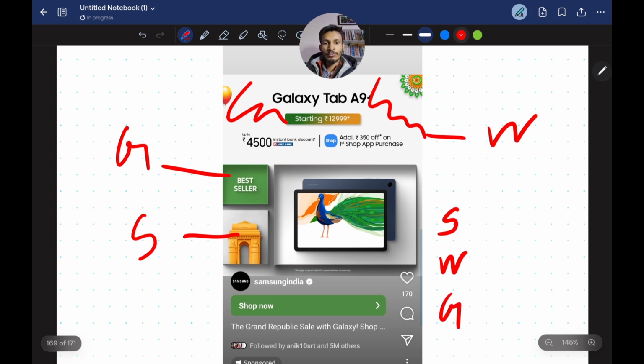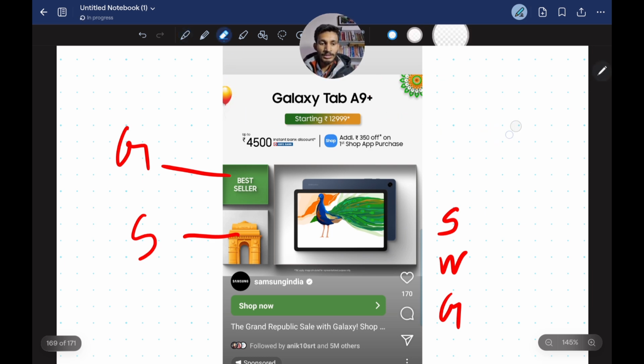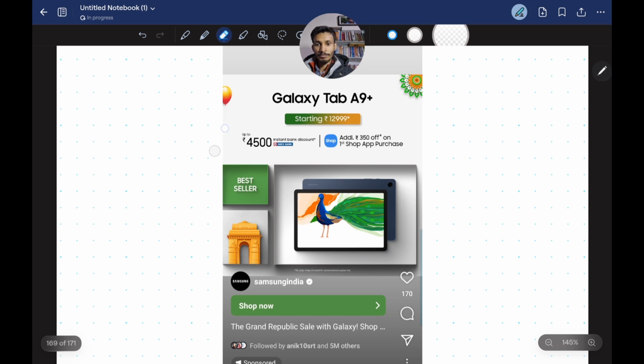So it is very tasteful of Samsung to take the primary colors of our national flag and incorporate them into the primary colors of the Meta advertisement. Now another thing that you should pay attention to is the timing of this ad.